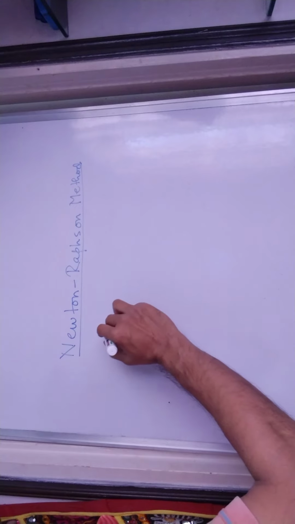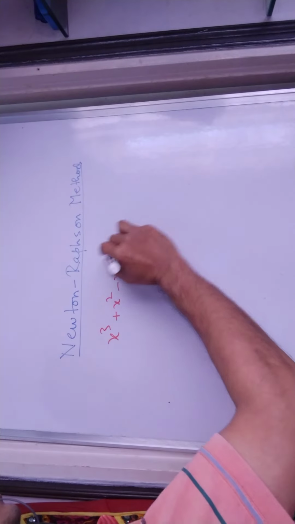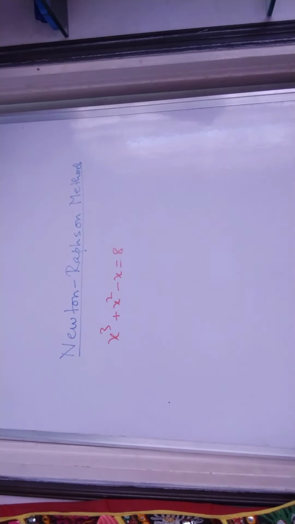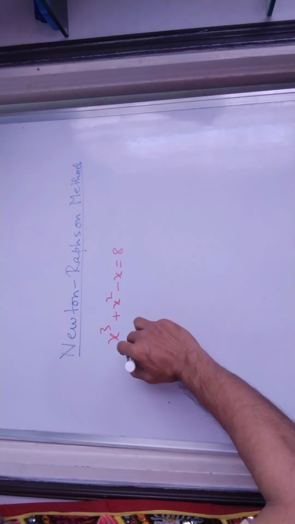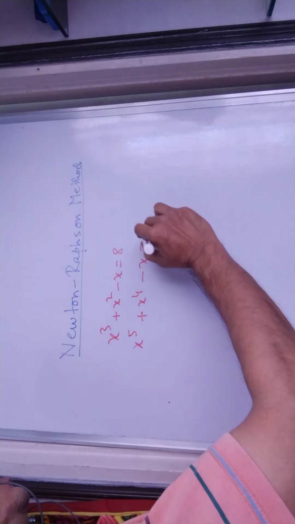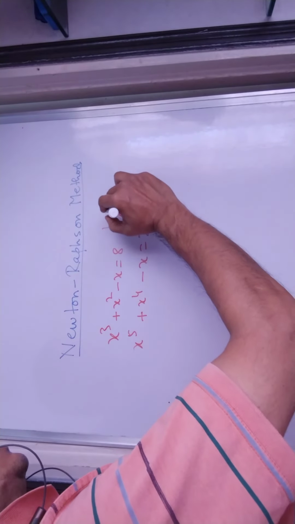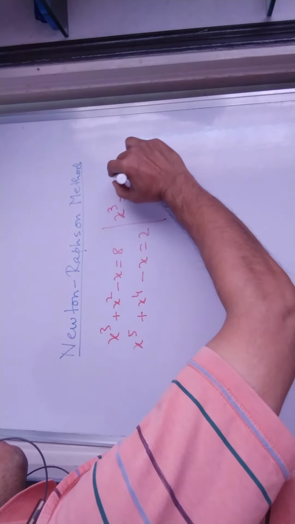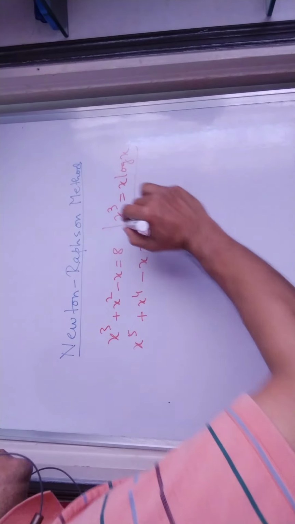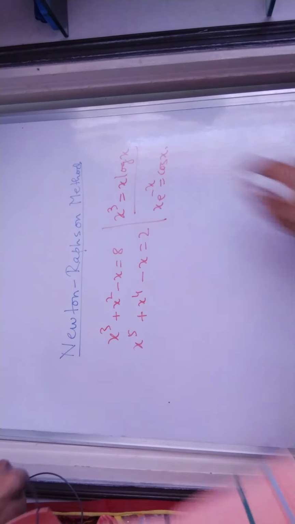We know the definition of transcendental equation as well as polynomial equation. This is a polynomial equation, a cubic equation actually, while this is a transcendental equation.